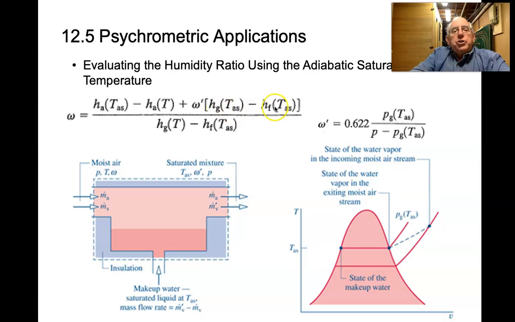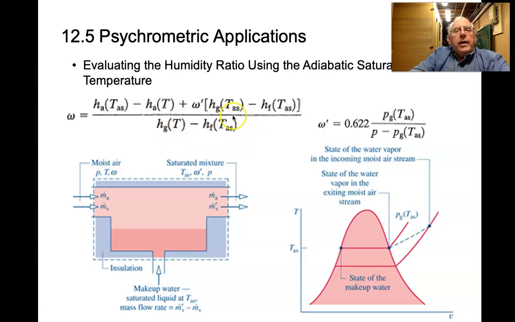And the first law is shown right here, where basically you have the air that is lowering in temperature, so there's some enthalpy there. You have then the difference between the liquid and the vapor at the saturation temperature. That is the enthalpy required for the evaporation process. This is how much vapor per mass of dry air.